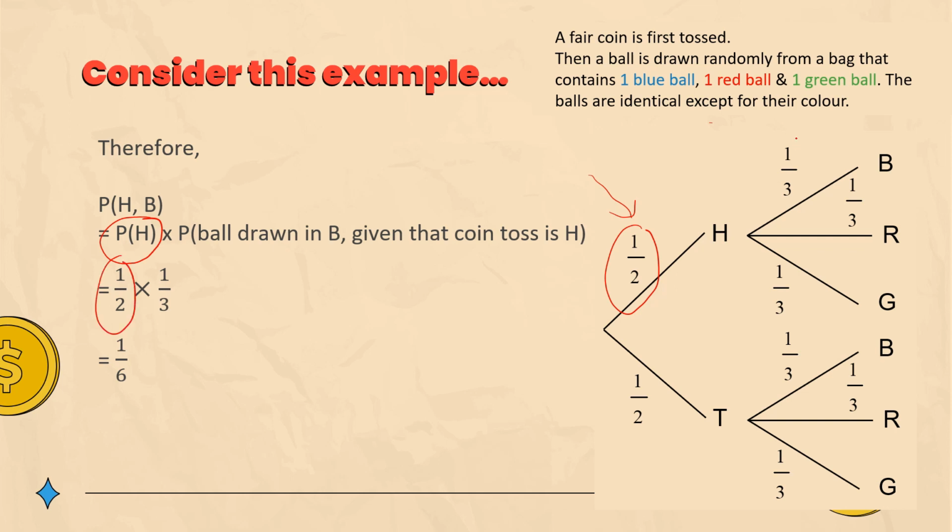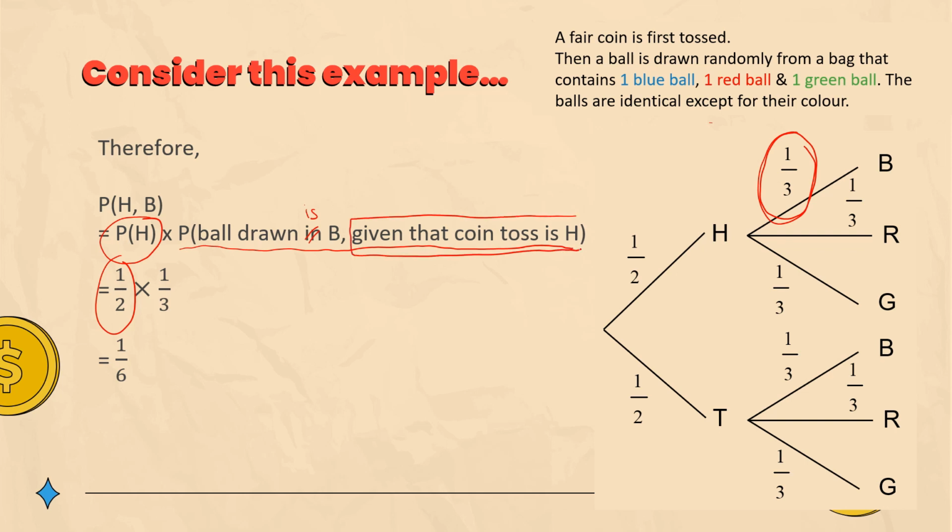Now what I want you to pay attention to is the name of this probability over here, this 1/3. This 1/3 is called the probability of the ball drawn is blue, given that the coin toss is heads. I'm sorry for this typo error over here. So notice that the phrasing is rather lengthy. There is this point about given that the coin toss is heads.